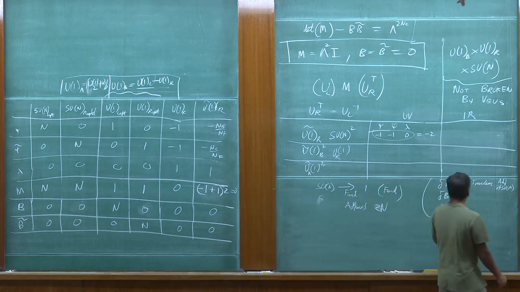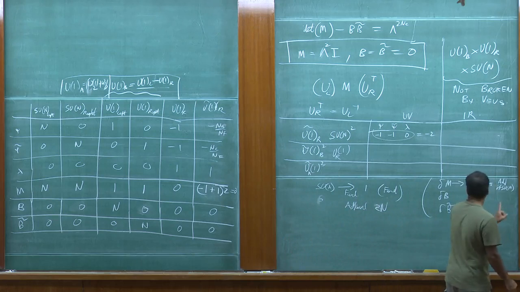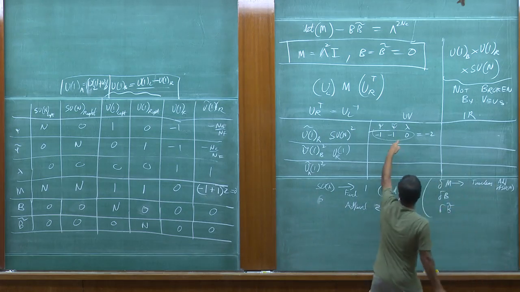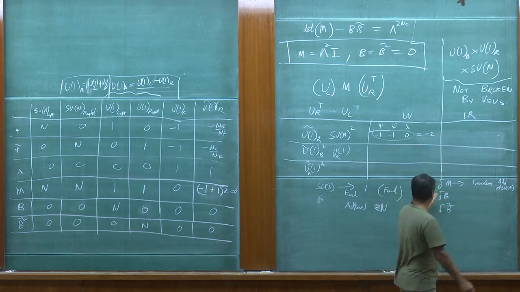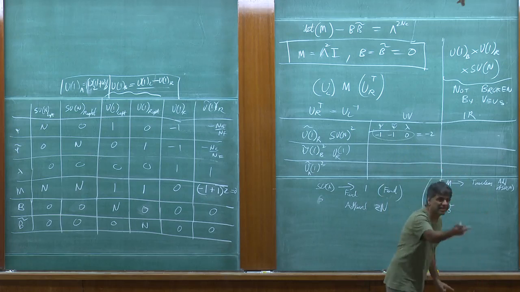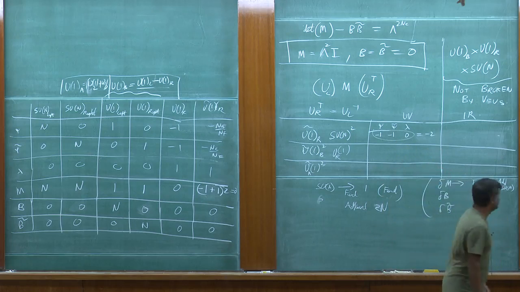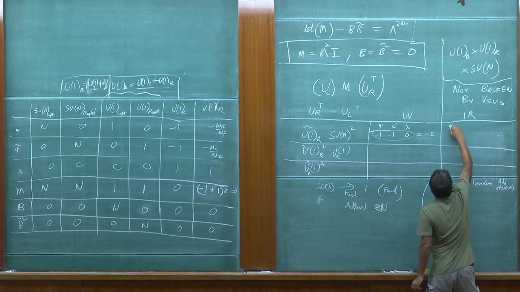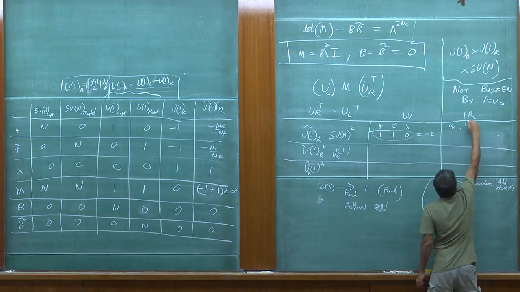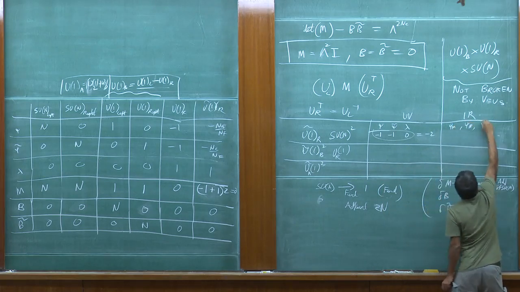Right. So, fine. Now we have to look at the contribution of the fermions corresponding to these quantities running in loops. So we should look at the contribution of psi M, psi B, and psi B tilde.